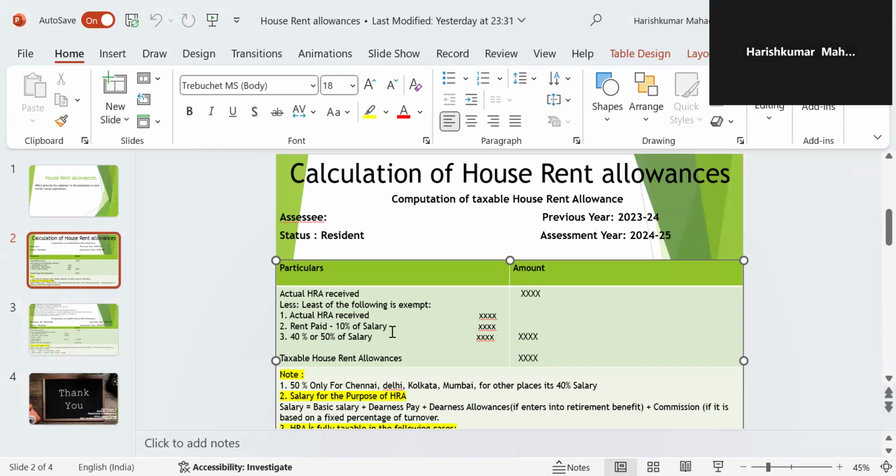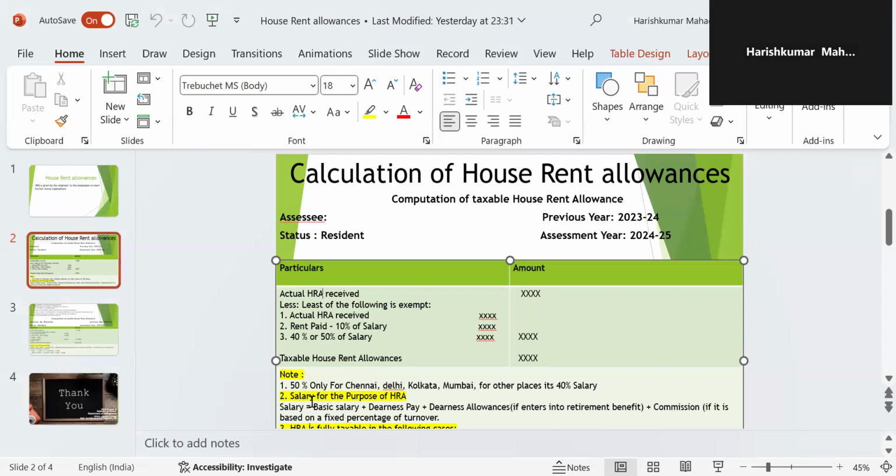If you want to calculate RFA, you have a different formula for salary. And if you want to calculate for gratuity, you have a different salary. If you want to calculate for pension, you have a different formula for salary. For this, salary is nothing but basic salary.